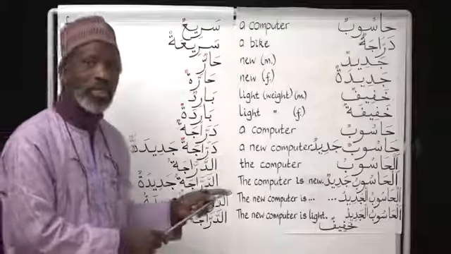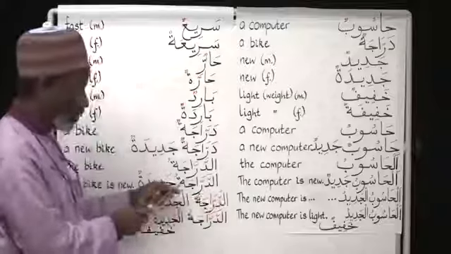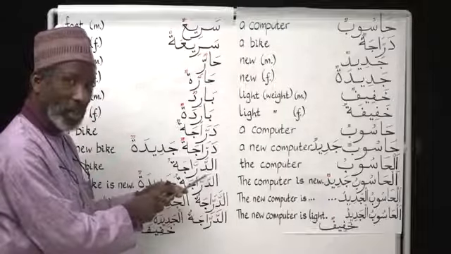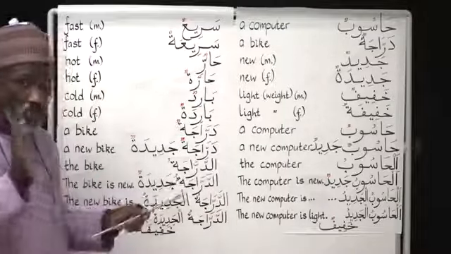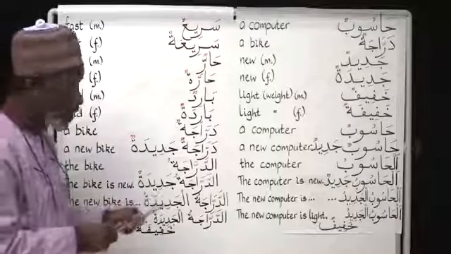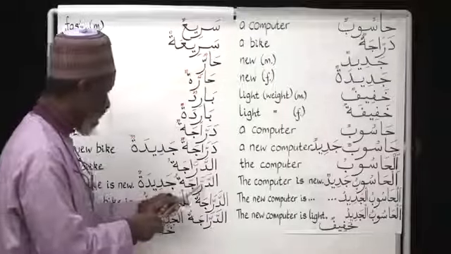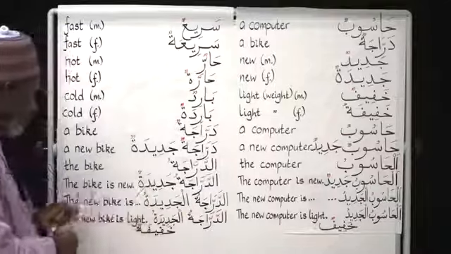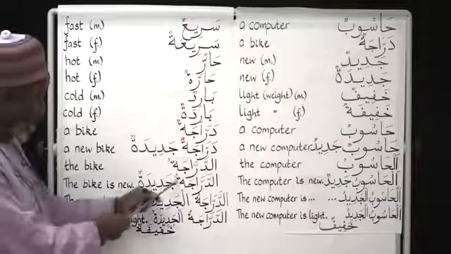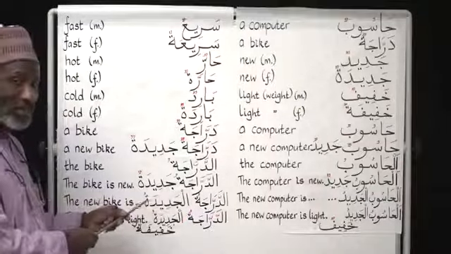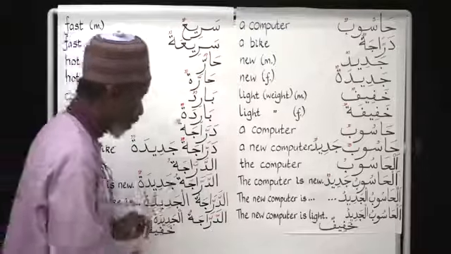We say ad-darajatu, because there's a sukun embedded in shadda. You can revise that in the previous series. So ad-darajatu jadidatun, the bike is new. We drop the al to achieve "is". Ad-darajatu jadidatun.